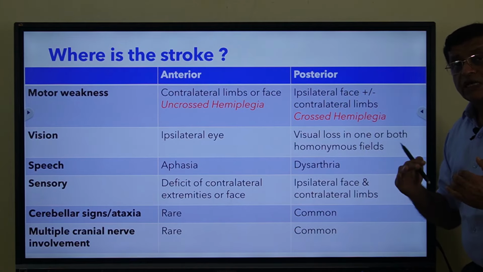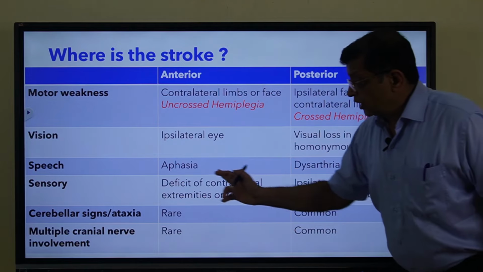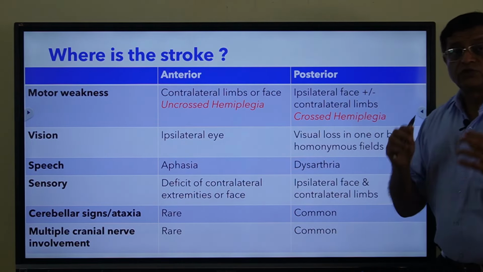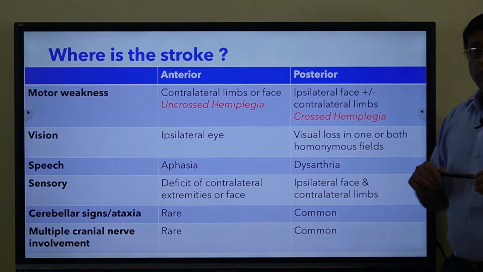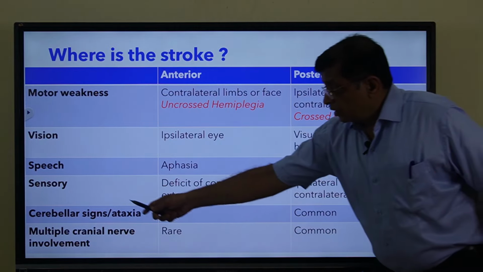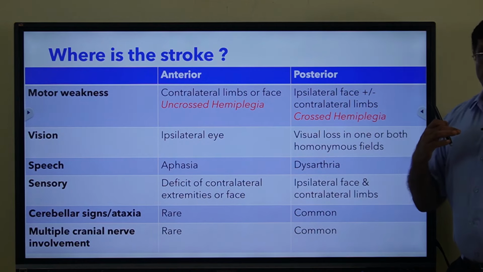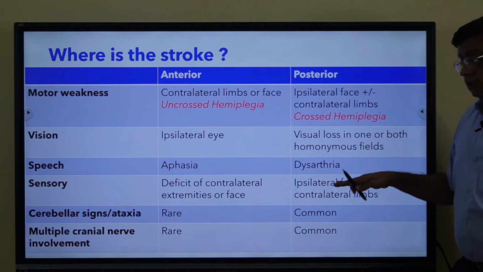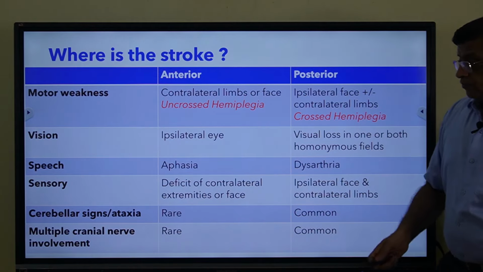Dysarthria means inability to properly articulate speech. That is different from aphasia, when the speech is absent from the neurological center. Sensory, similarly, if there is a deficit, that will be on the contralateral side, on the face and on the limbs. Here it will be ipsilateral face involvement and contralateral limb involvement.